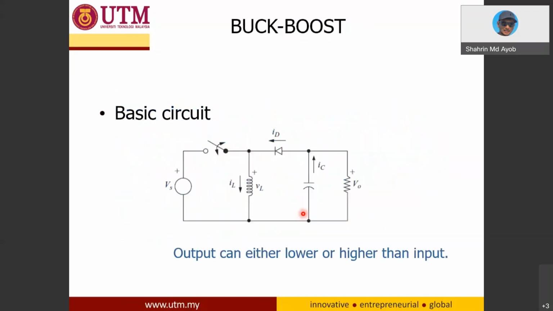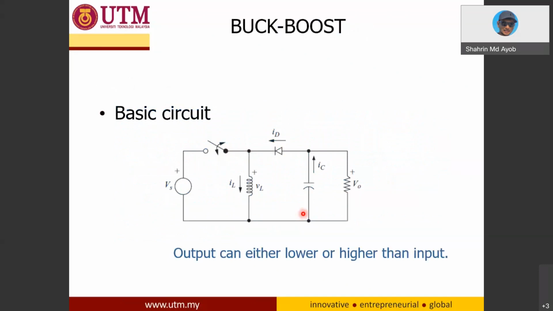Next week we will go for buck boost converters. I don't know whether to do an in-class activity for the buck boost converter, because the analysis is actually the same.